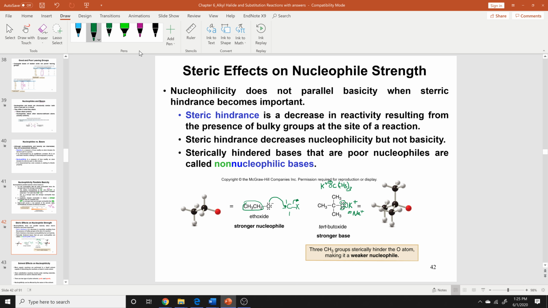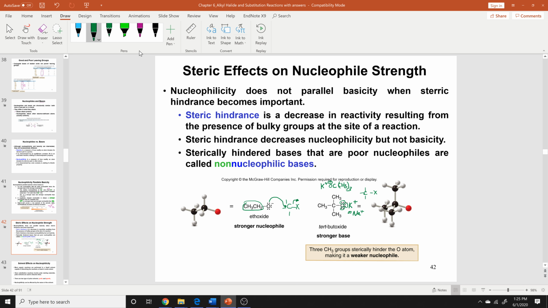But with this one, if you have a carbon and a halogen, it won't, because all of these lone pairs are hindered by the bulky CH3 groups. So there is no way that these lone pairs are going to be used to attack this carbon and allow the halogen to leave. So no substitution with these. With these types of bases, they only act as bases.